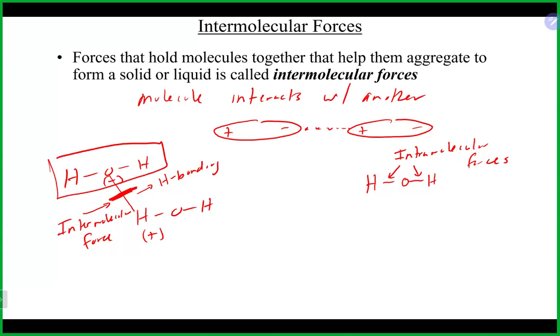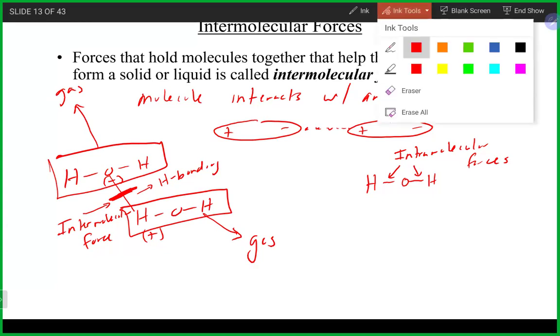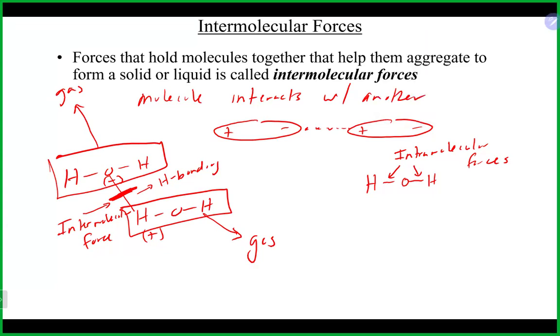And that allows this water molecule and this water molecule to stay intact and allows it to go off, for example, into the gas phase, right, and make steam. They don't fall apart.